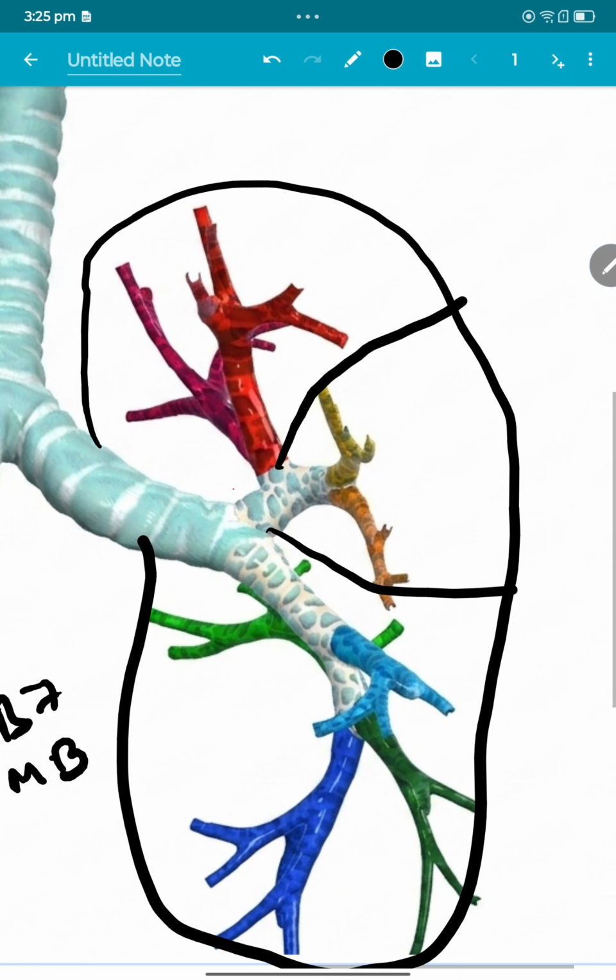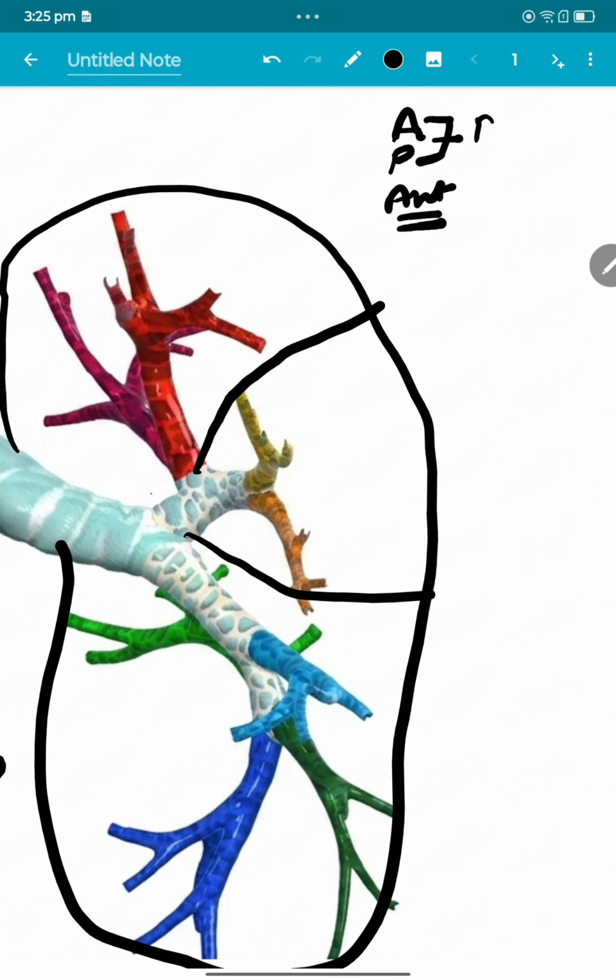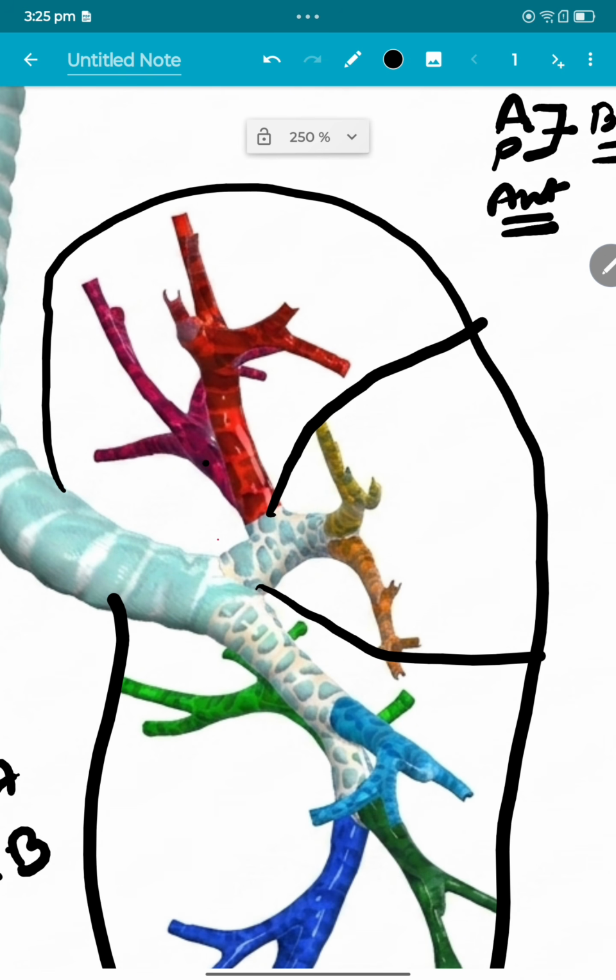On the right side the upper lobe has apical, posterior, and anterior segments. But on the left side, the apical and posterior segments constitute one, written as B1 plus 2.